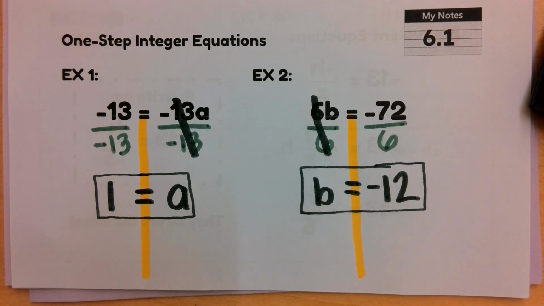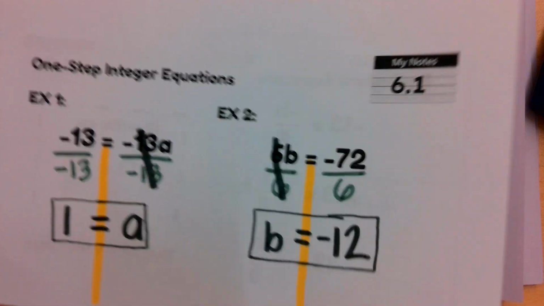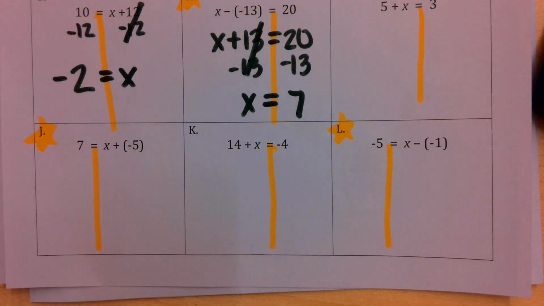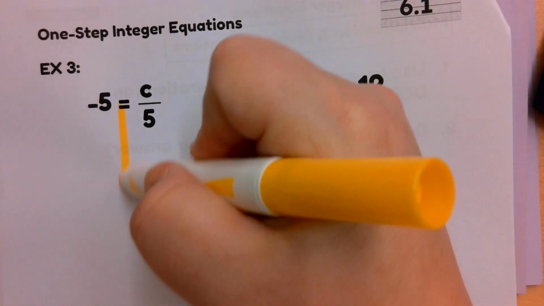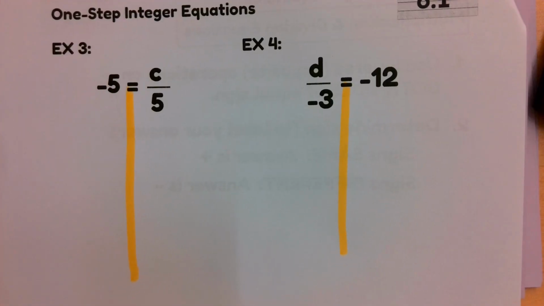Make sure you have your work shown just like I do, and then turn the page. All right. Draw my balance beams. Remember, these fraction bars mean division.